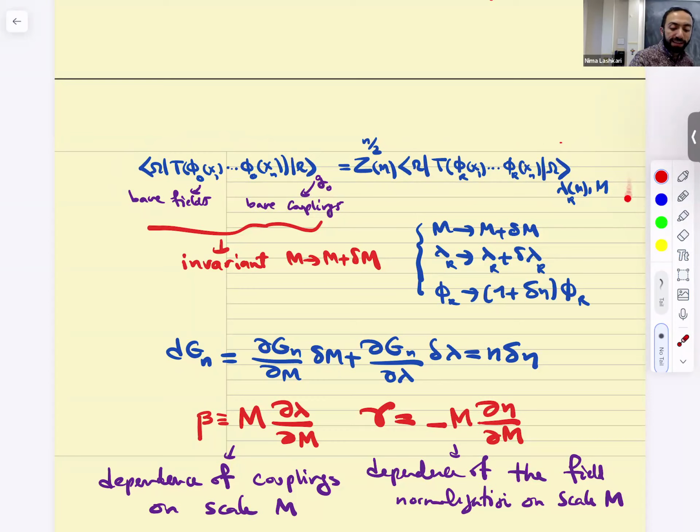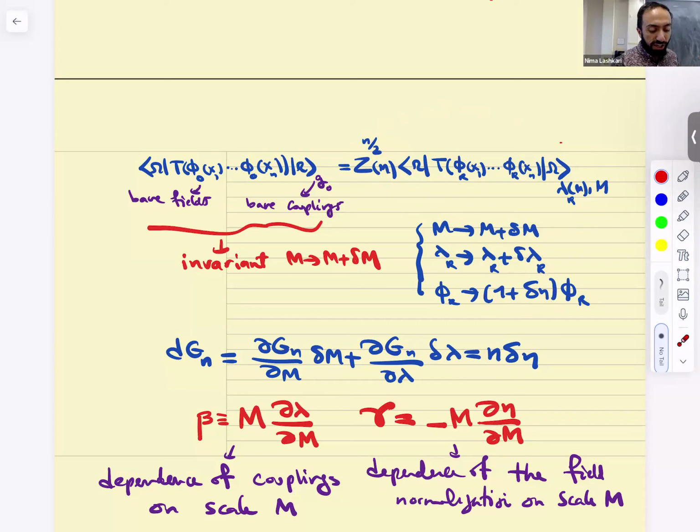Because the left-hand side has no m dependence, m d/dm, a total derivative with respect to m, should leave it invariant. Said differently, if you send m to m plus delta m, lambda of r to lambda of r plus delta lambda of r, and phi r to (1 plus delta eta) phi r, remember that the delta eta is capturing the dependence here, you should have a total variation that's 0.